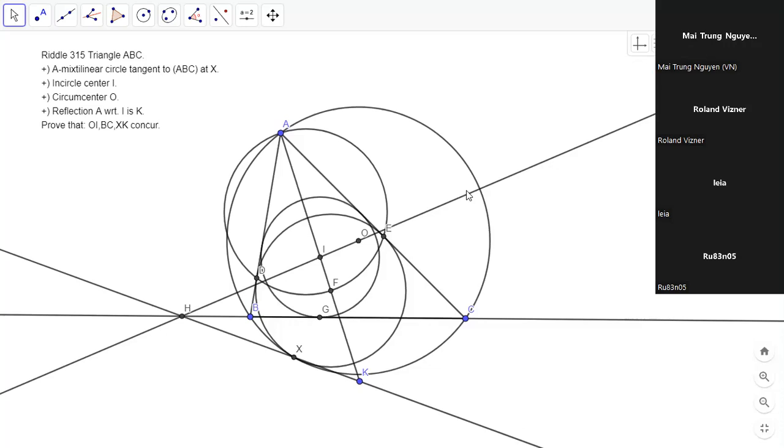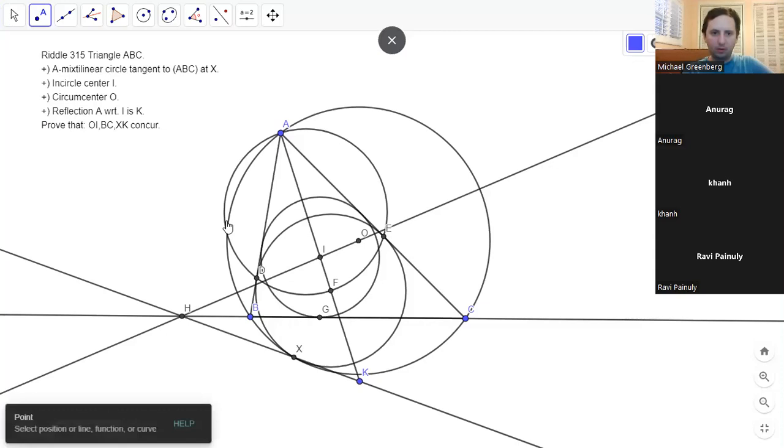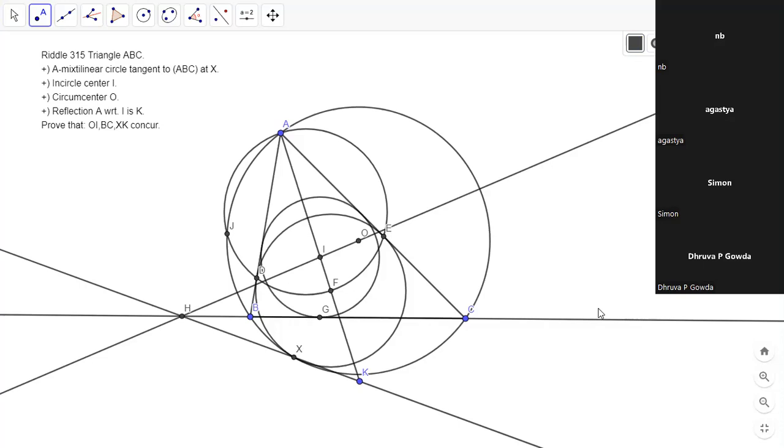Then which circumcircles would we include to finish this by radical axis? Oh, radical axis. Okay.